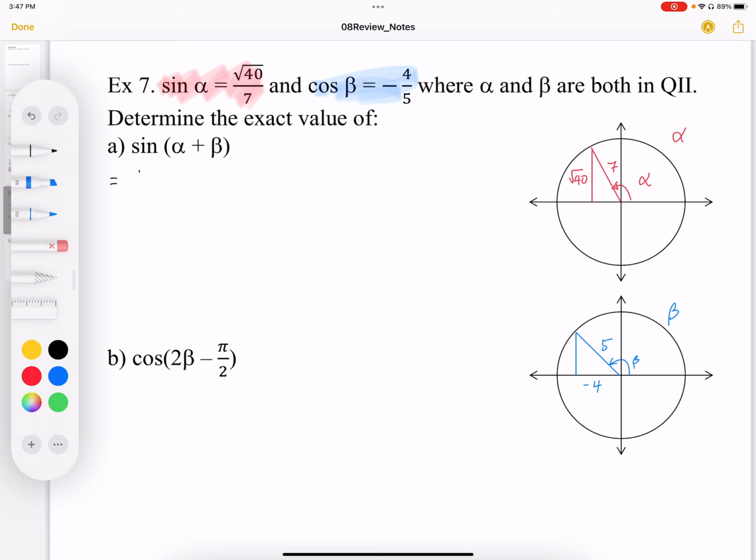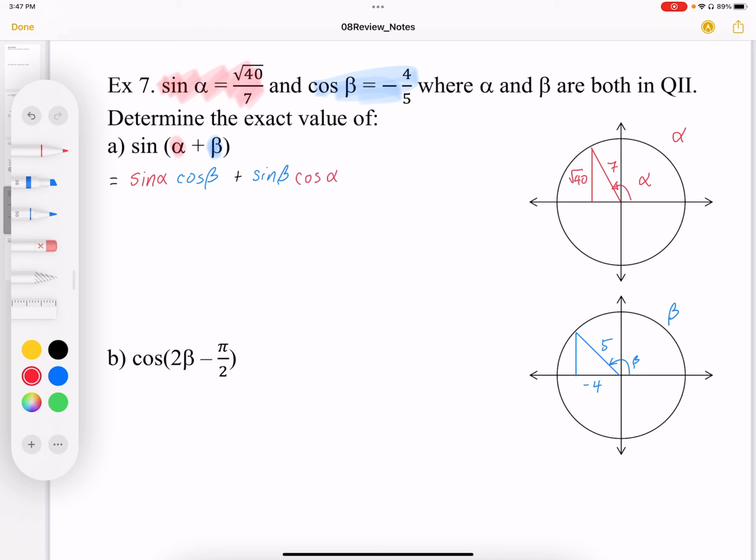So it's sine alpha cos beta plus sine beta cos alpha. Maybe I'll just color code this. There's alpha and beta. So it's going to be sine alpha, so I need to go to the alpha picture. Cos beta, for that I need to go to the beta picture. And then I have sine beta, cosine alpha.